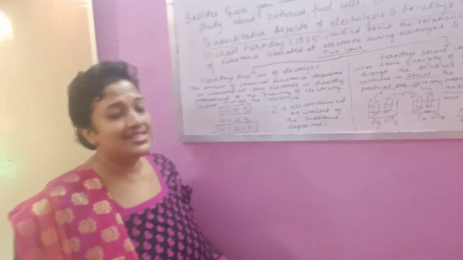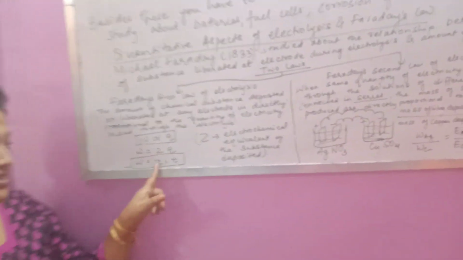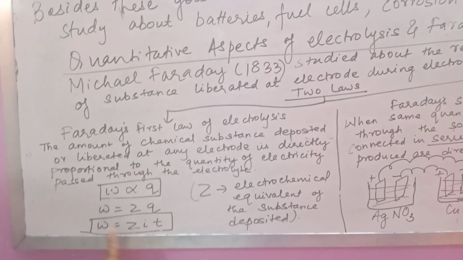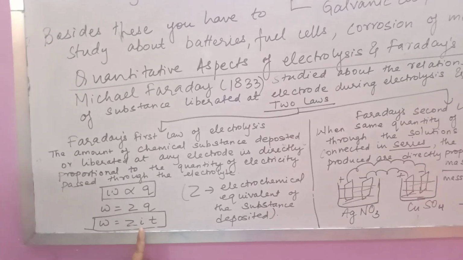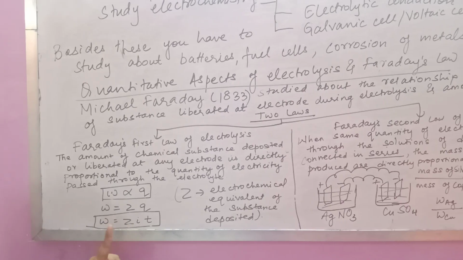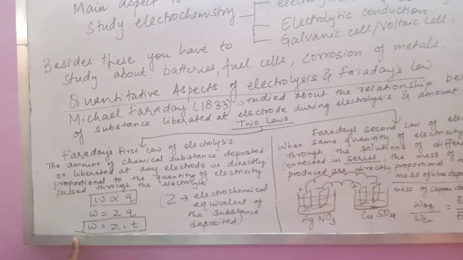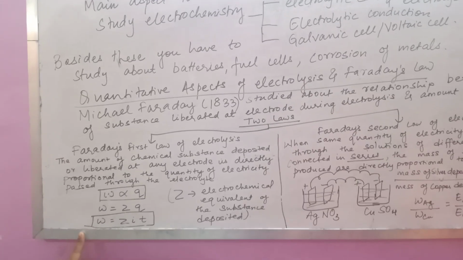If in the exam the question is how will you define Z, then the simple thing is that you equate this Z with W. How does Z become equal to W? When the current passed is 1 ampere for 1 second. At that time the electrochemical equivalent becomes equal to the amount of substance deposited or liberated.